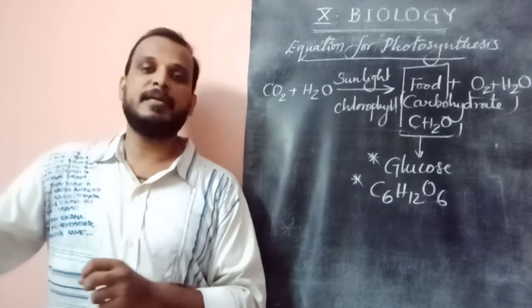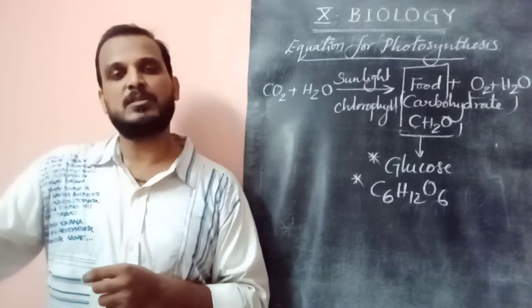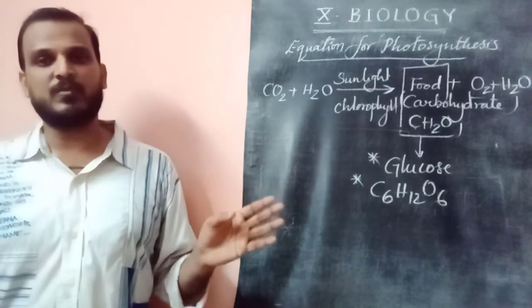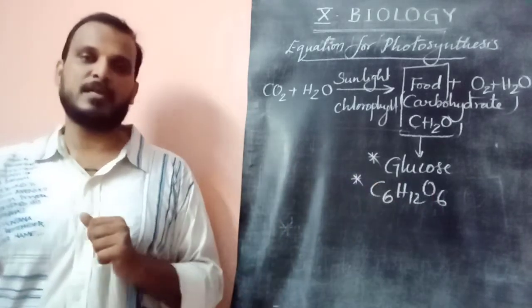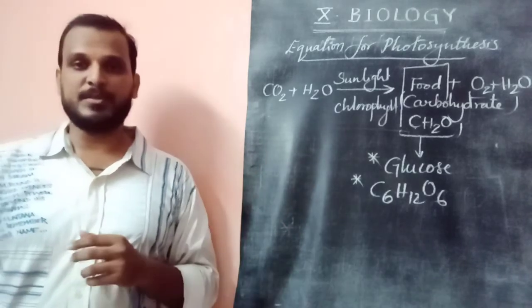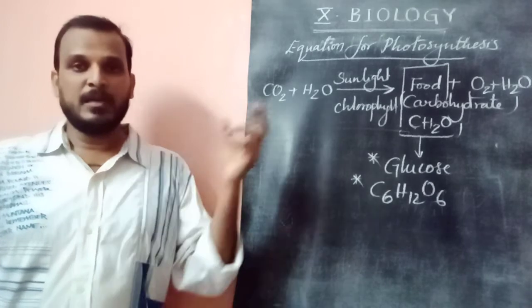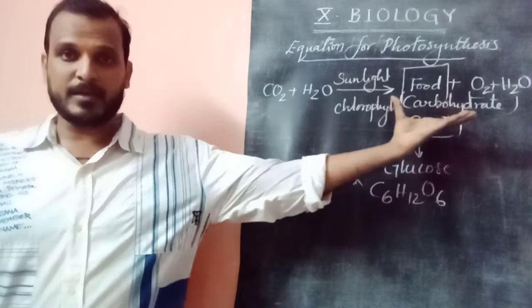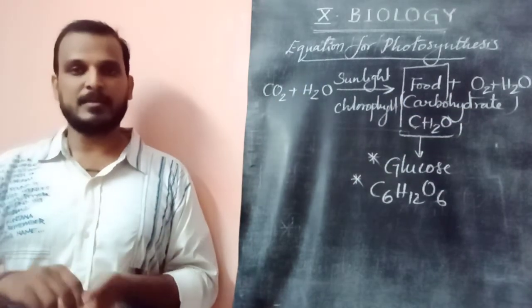Which carbohydrate is particularly prepared in photosynthesis? The carbohydrate called glucose. Its formula is C6H12O6. Carbon, hydrogen, oxygen are there, or not? Yes, dear children. Later we will move on to the balanced equation. What is a balanced equation? The compounds present in the reactants and the products must be balanced. That is called balance. Later we will see it.